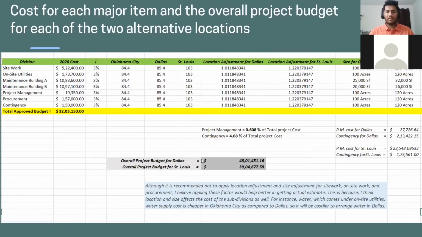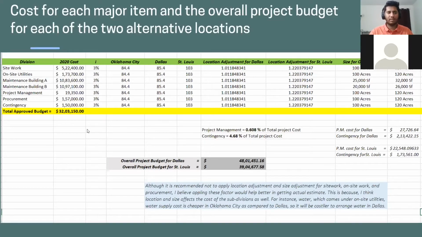But the thing is, for project management tasks and contingency tasks, we cannot use location factor and size factor, because location and size do not affect the overall cost that much in the case of contingency and project management. Although some people do not recommend using location factor and size factor for on-site work, on-site utilities, and procurement, I preferred using it because I believe these are important factors.